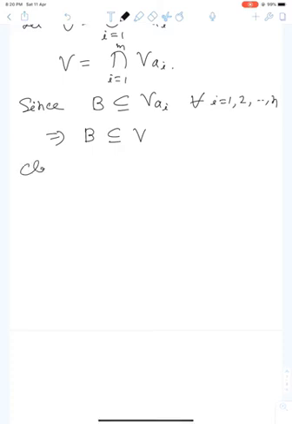And we claim U intersection V is empty. Now it is also the same argument, right?